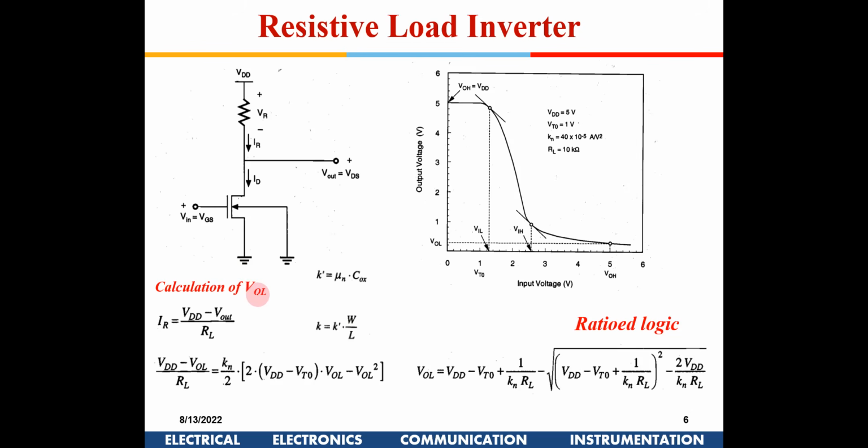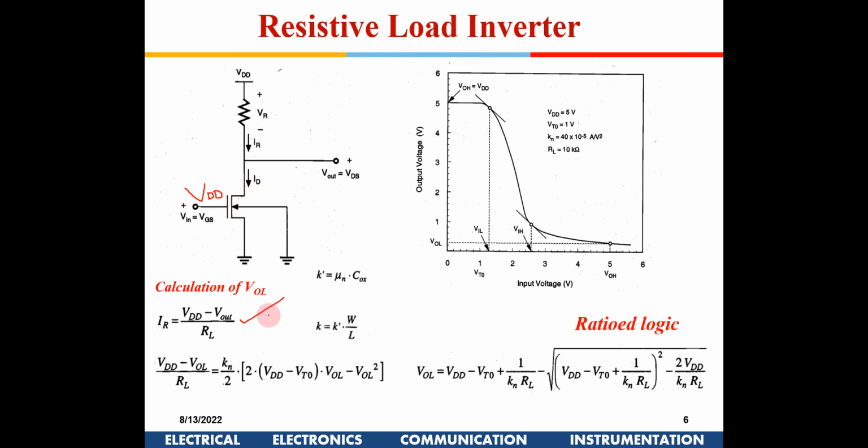Now to compute VOL, we are giving VDD here. So input is VDD now. Now we want to compute what would be the V output. So one equation is this. The current through the resistance will be VDD minus V out by RL. Here V out is a variable as of now, right? Now the second equation is of the transistor. For the transistor the output is very small.